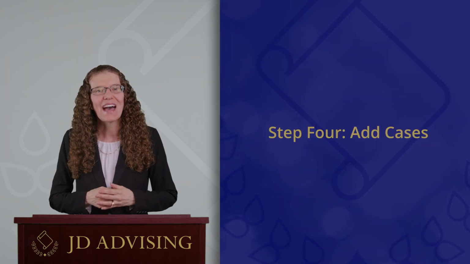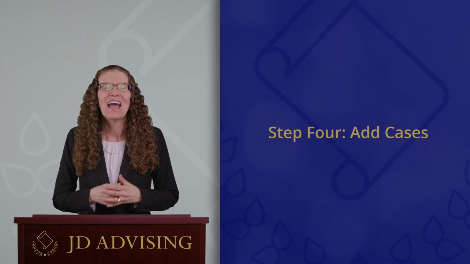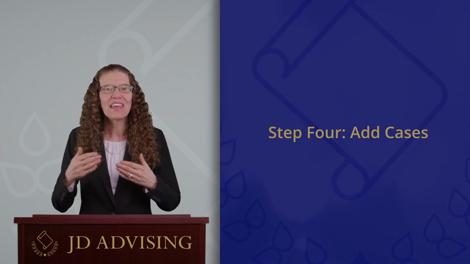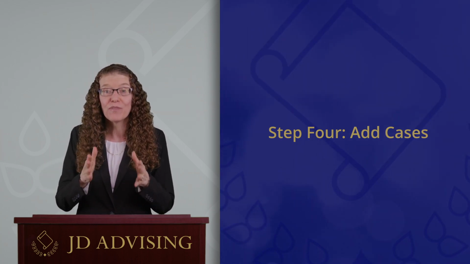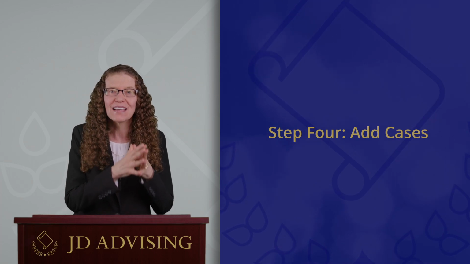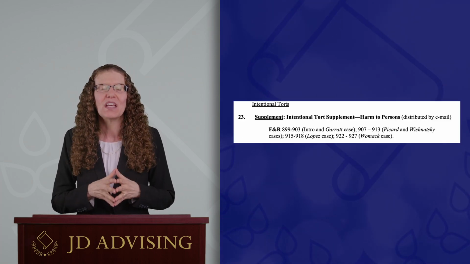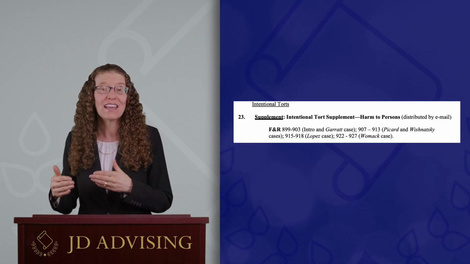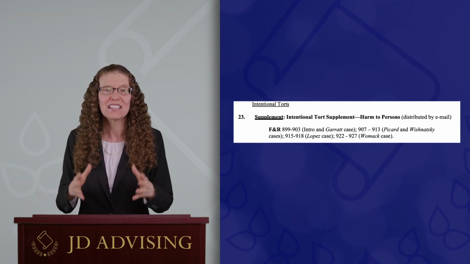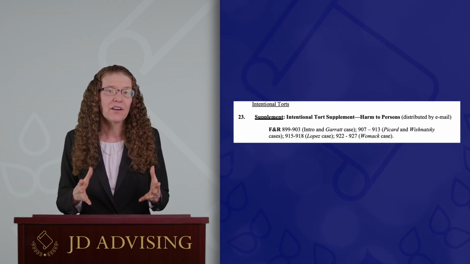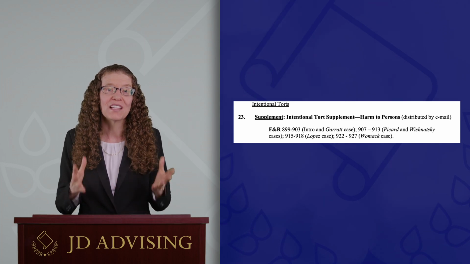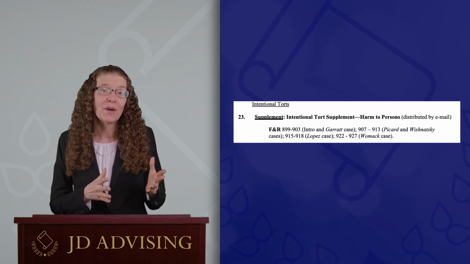Step 4 is to add cases to the outline. As you go through the semester, add the cases into your outline that your professor spends time discussing in class. For example, you can see that there are several cases listed for reading under intentional torts: Garrett, Picard, Wisnowski, Lopez, and Womack.